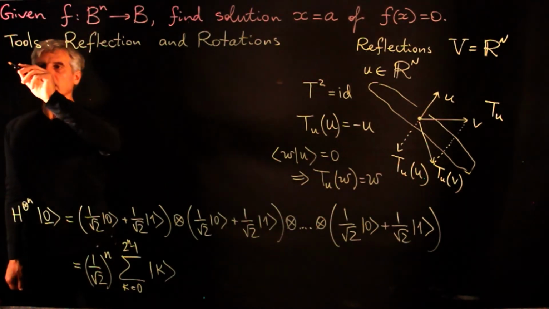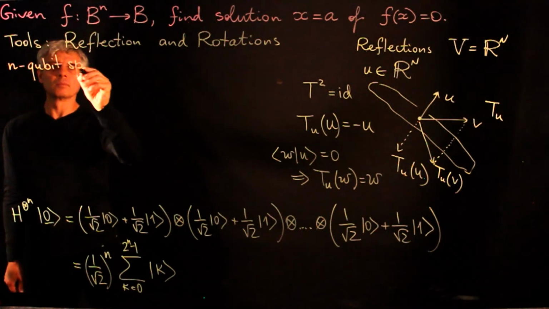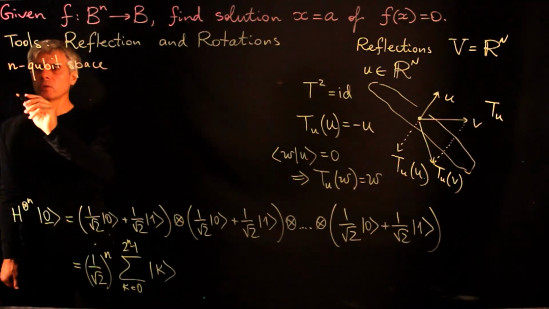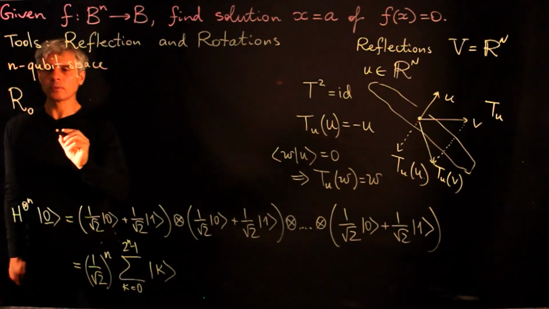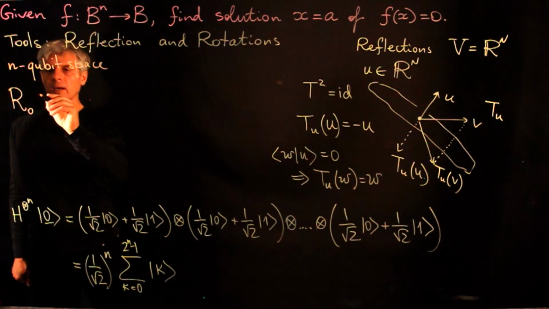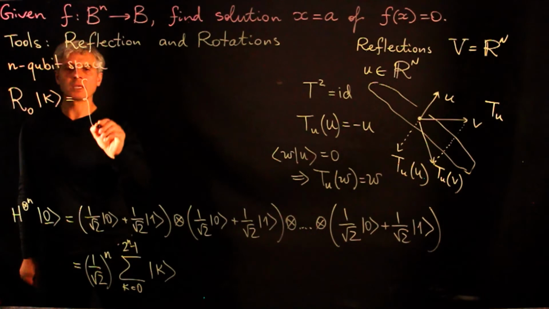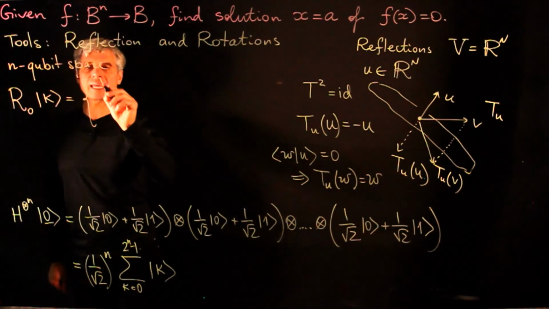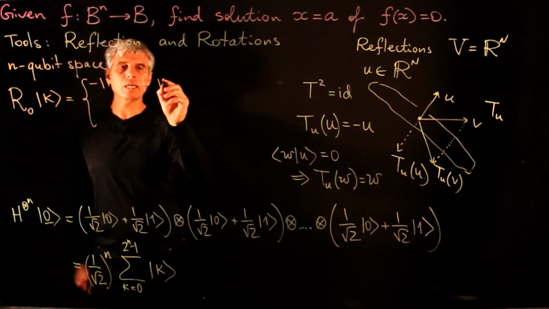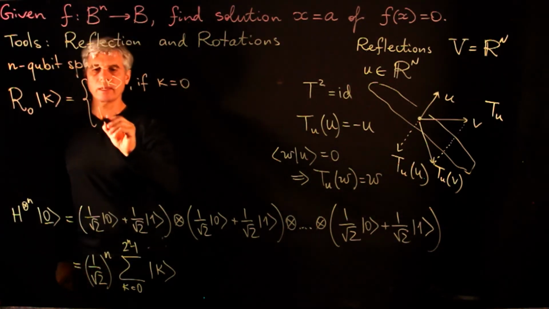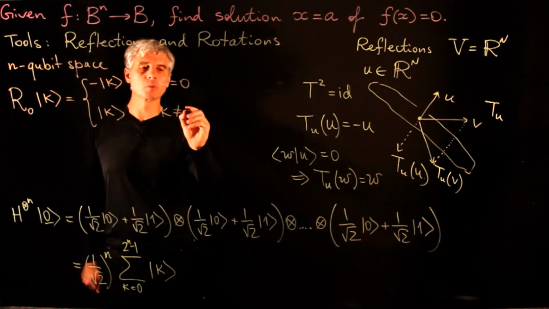So now we take an n-qubit space, and we want to construct the following reflection, which I will call R0. R0 of k is going to be minus k if k is equal to 0, and k if k is not equal to 0.